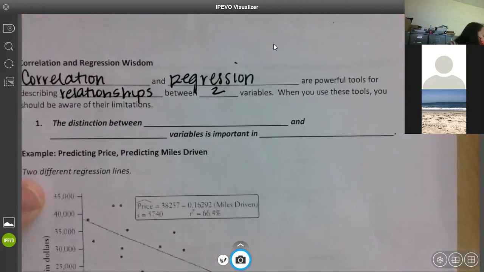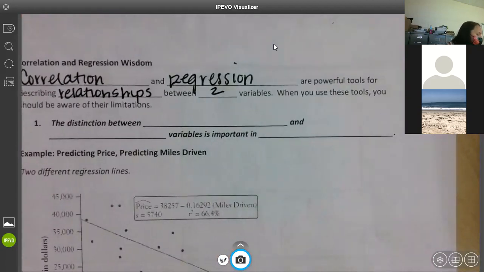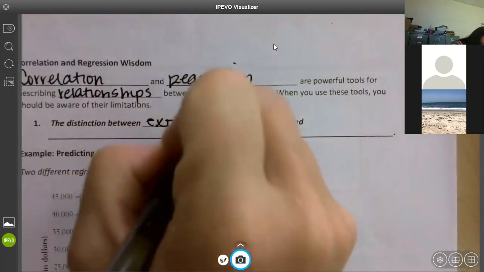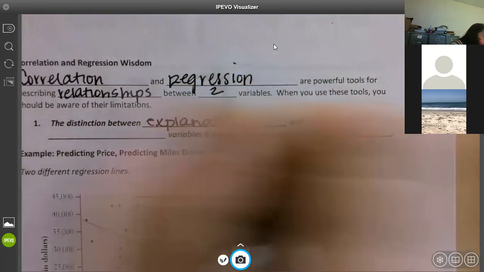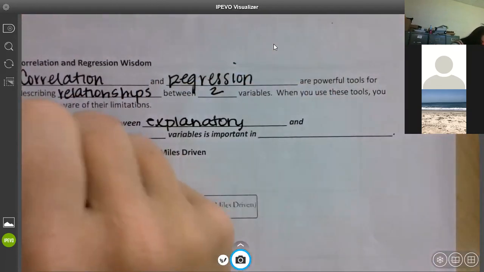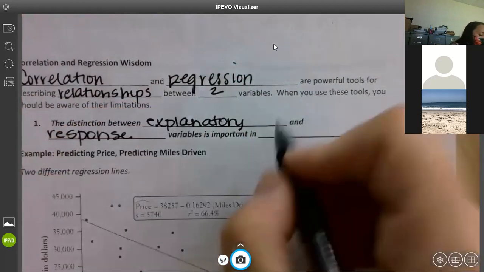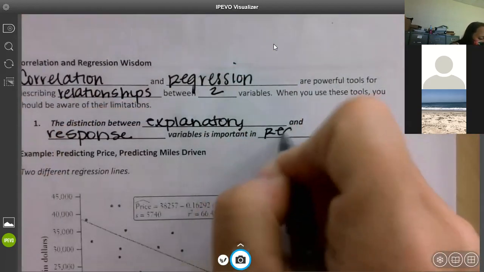When you use these tools, you should be aware of their limitations. So we're going to go through the limitations. The first one: the distinction between explanatory and response variables is more important in regression.